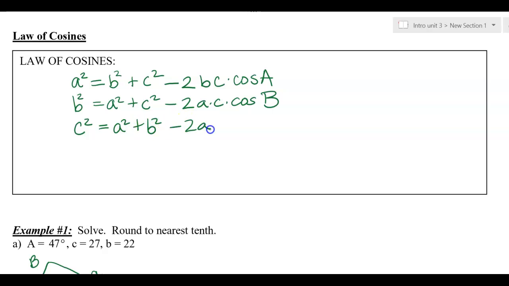And then you're using A and B as the side lengths, but the angle you're using is angle C. Okay, so always the angle we're using in the formula here is across from the side that you're kind of solving for, or is by itself over here, and the other two sides are what's being used in the arithmetic on the side that has a lot of stuff going on. Okay, but again, you don't have to memorize. We just want to use it.